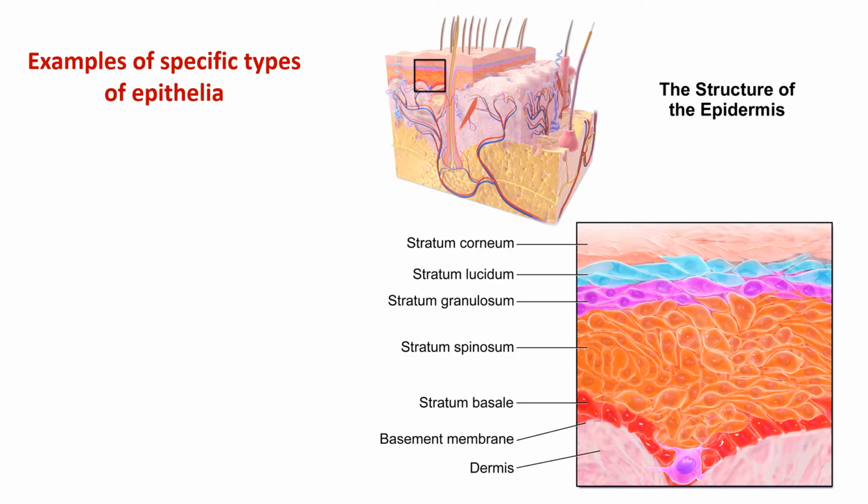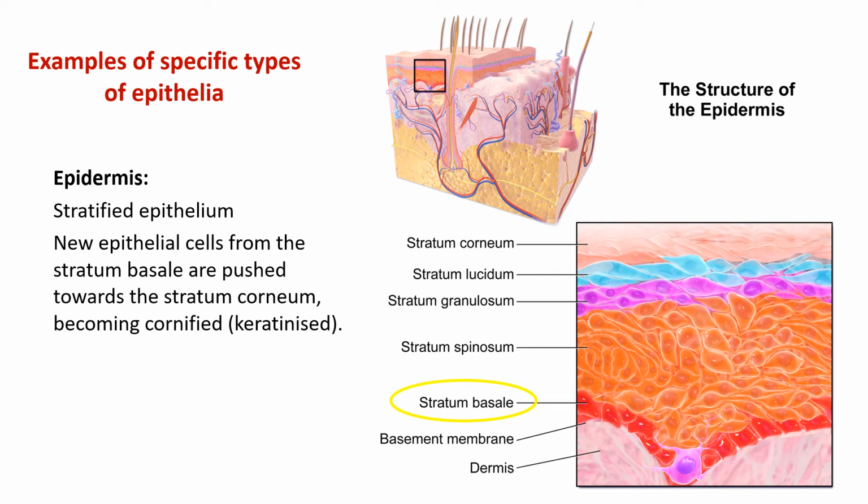So some specific examples then. The epidermis we've talked about as being stratified epithelium. New epithelial cells are pushed up from the base, from the stratum basale, so the basal layer, and right up to the top.